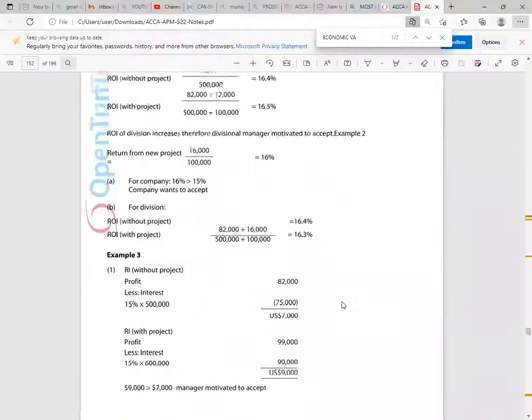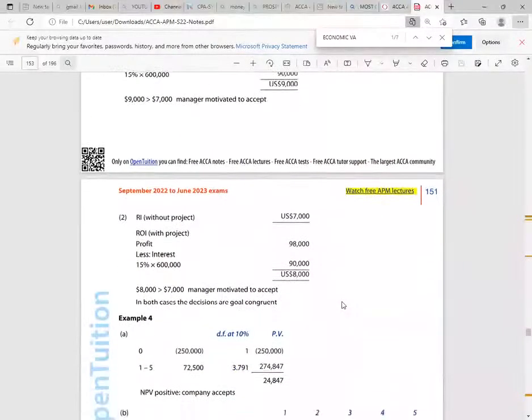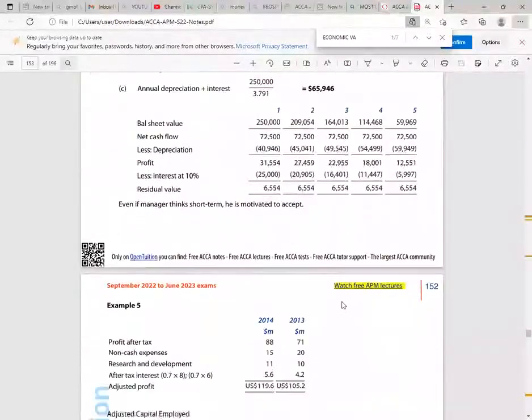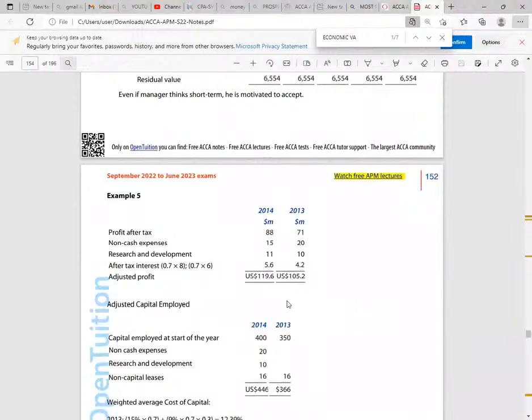Yes, you can now check the NOPAT that these guys have so that we don't make mistakes. You can see the NOPAT here for 2013 is 105.2, and the other one is 119.6. We need to clap for ourselves.